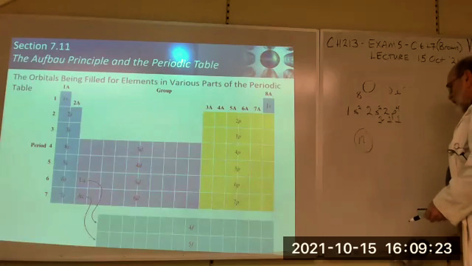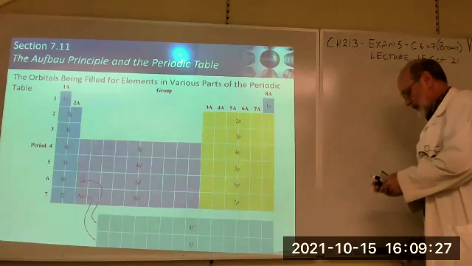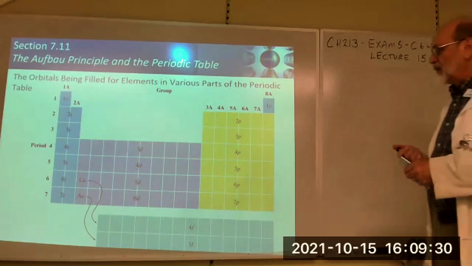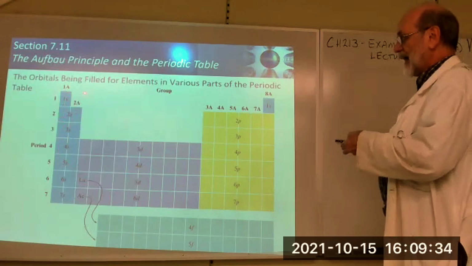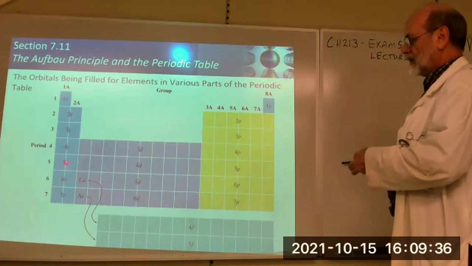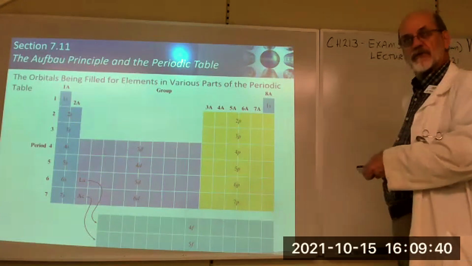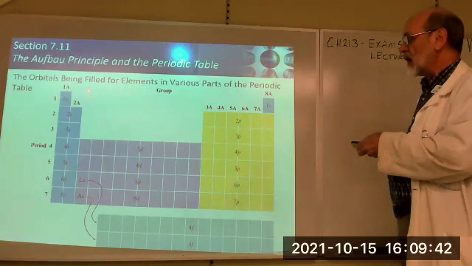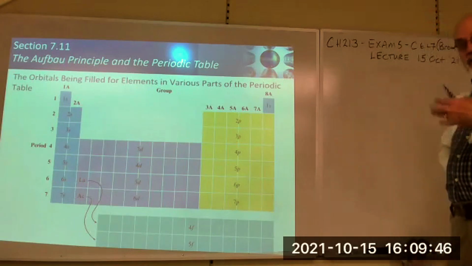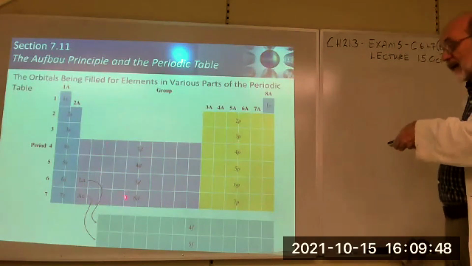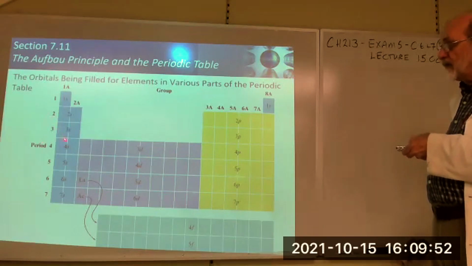Okay, this is the way the periodic table is structured. So all the elements in the alkali metals and the alkaline earths are either filling or filled s orbitals. Those first two columns are s orbitals only. They might have other levels that have been filled to get them there, but the outermost electrons are filling these orbitals.